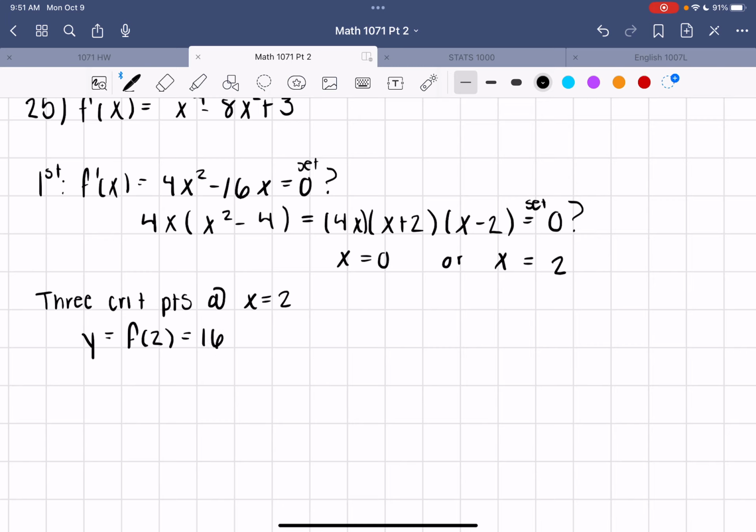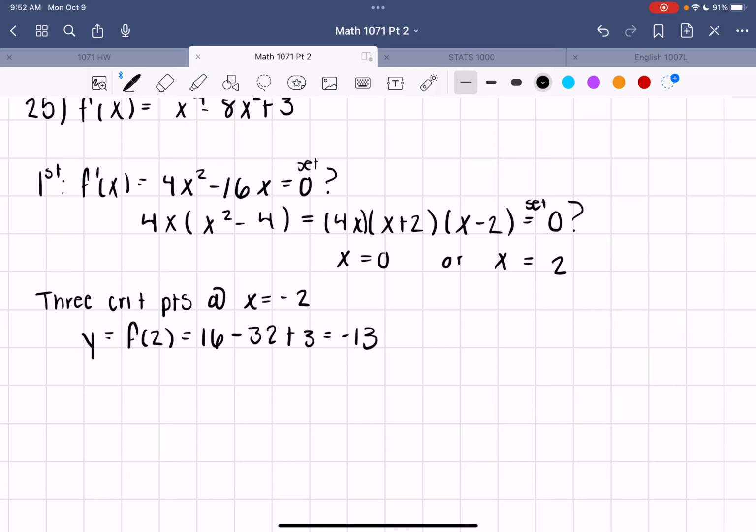So I need to plot these 3 points. Because my y coordinate's bigger, let me scale the axes differently. On the x-axis, let me say 1, 2, negative 1, negative 2. And on the y-axis, how about 5s? 5, 10, 15. Negative 5, negative 10, negative 15.